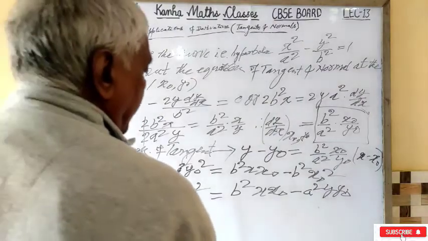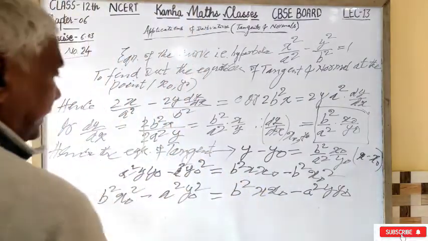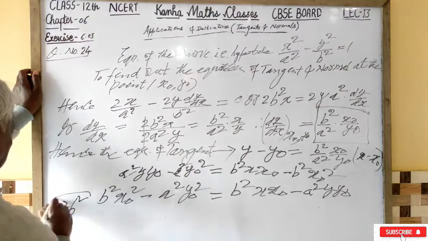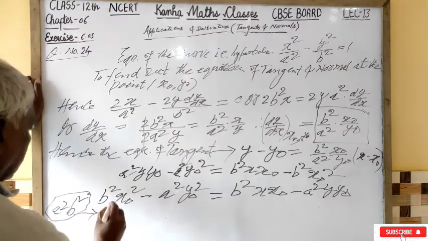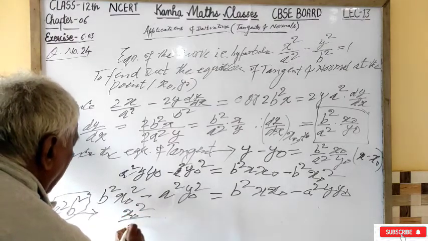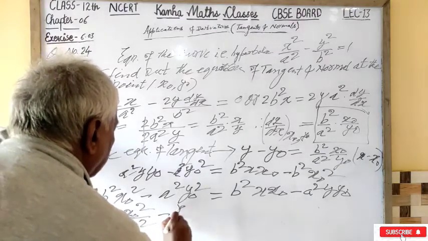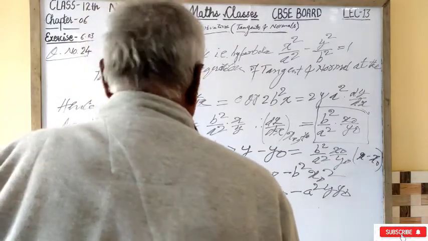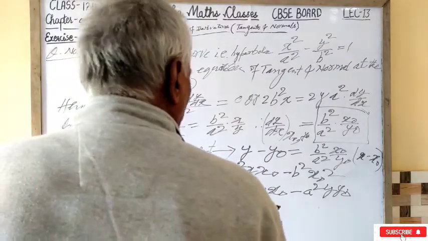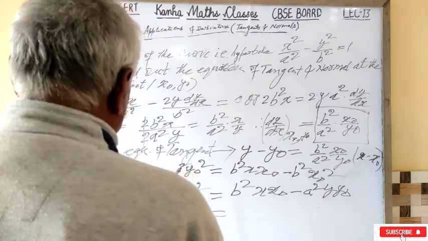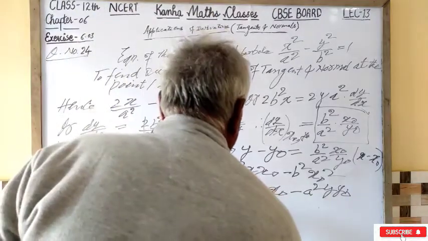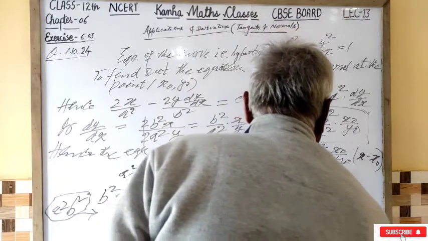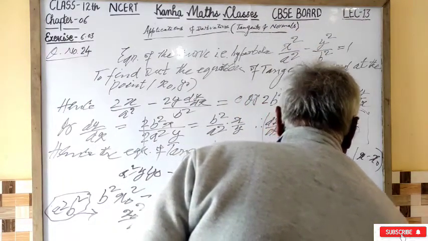First of all, we will divide both sides by a square b square. Hence, dividing by a square b square, it will become x0 square upon a square minus y0 square upon b square is equal to x0 x upon a square minus y0 y upon b square.